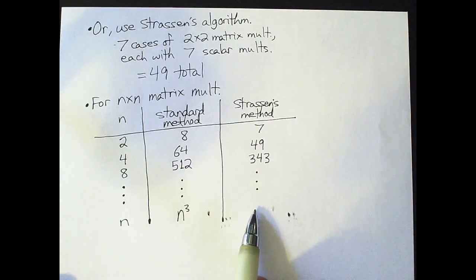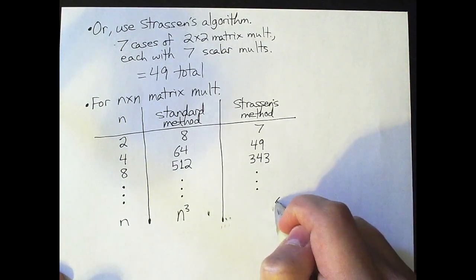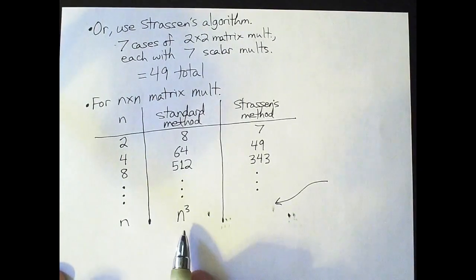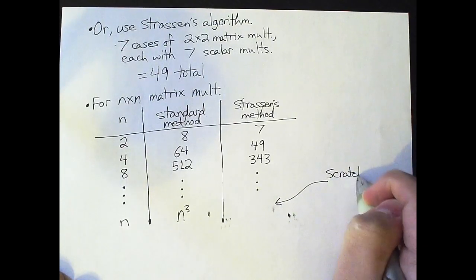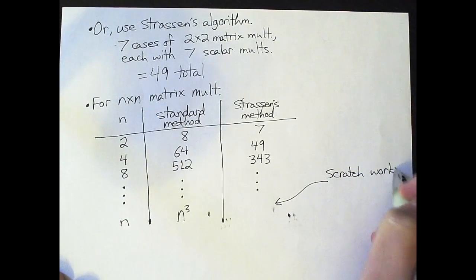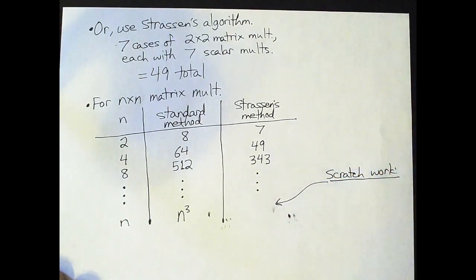What do you think we get here for Strassen's method? Like, what number am I going to put here? I'll show you some scratch work. Can you see a pattern in the 7, 49, 343? They're all powers of 7.